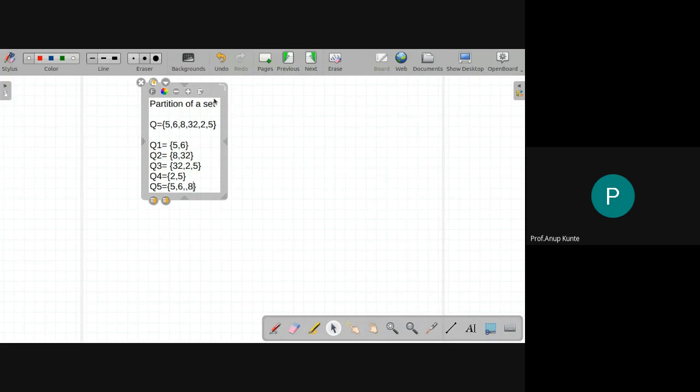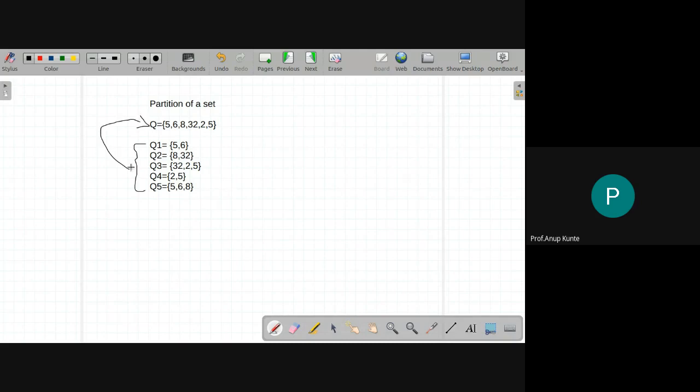Okay. Now consider this particular example. अगर आप देखोगे क्लोजली एग्जाम्पल में तो मेरे पास क्या है, मेरे पास 5 सबसेट्स है of original set. So all these Q1, Q2, Q3, Q4, Q5 are what? They are subsets of Q. So I'll just indicate that. So these 5 are having a relationship called as subset.